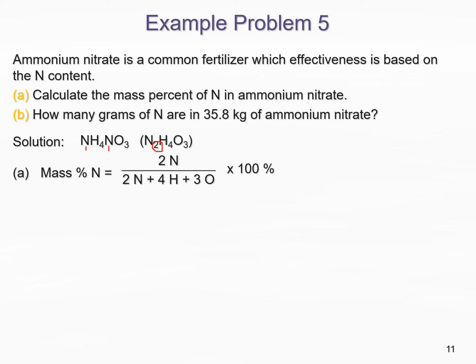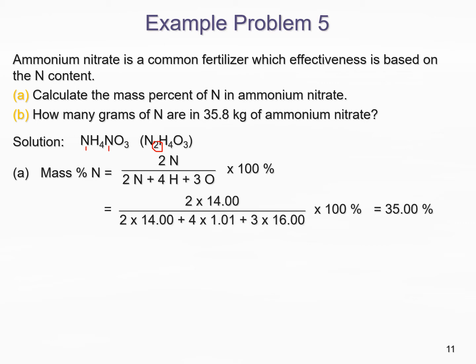We replace those chemical symbols with their molar masses: 14 for nitrogen, 1.01 for hydrogen, 16 for oxygen. So we figure out it's 35.00%. This is our second definition of mass percent, if we know the formula.